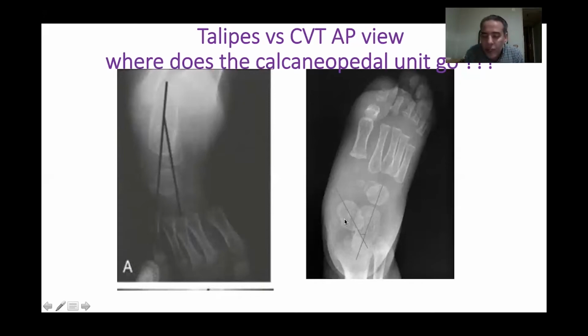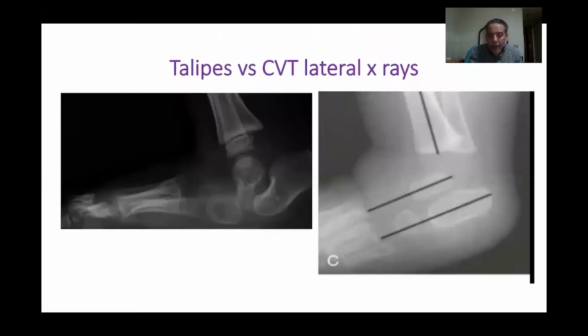In congenital vertical talus, if the calcaneopedal unit rotated externally, the talus will lack the support of the calcaneus underneath it, and hence it will drop, it will plantar flex, it will become vertical, and hence the name vertical talus. It's clear in the lateral X-ray. This is the lateral X-ray of a congenital vertical talus.